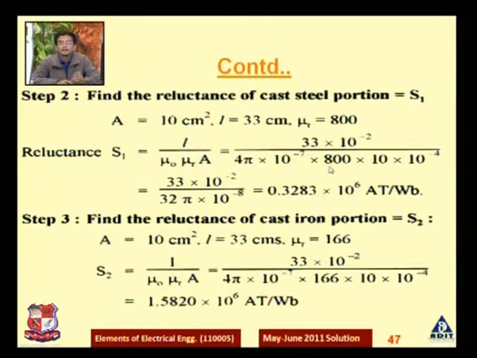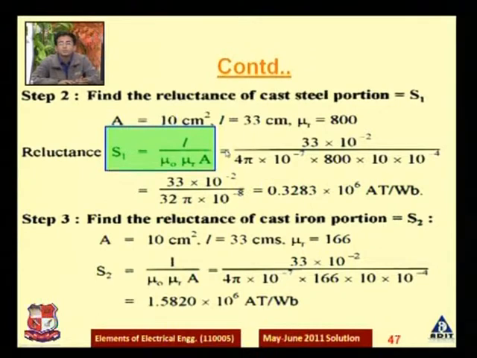It is 800 for the cast steel material. You are also given the area. Area is 10 centimeter square, so I will convert it into meter square. Then I will find the reluctance for the cast steel portion. Now I will find the reluctance in the same way for the cast iron portion, and I will denote it by S2.